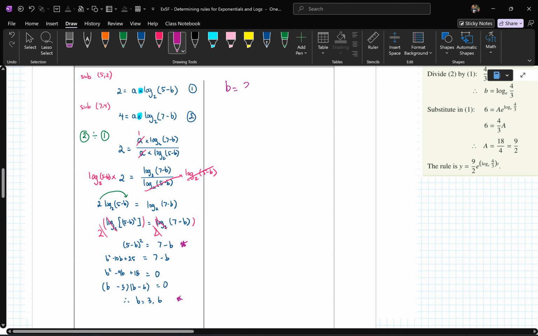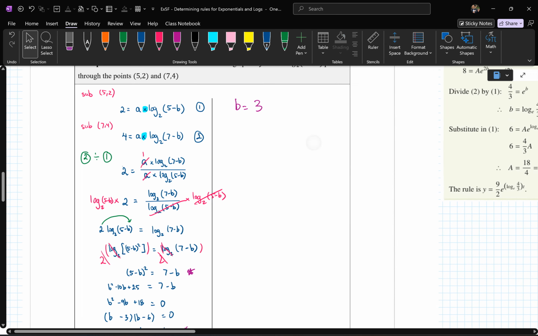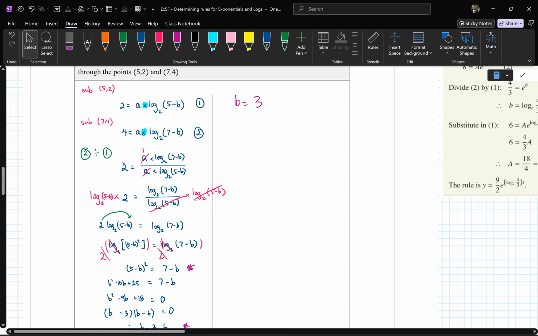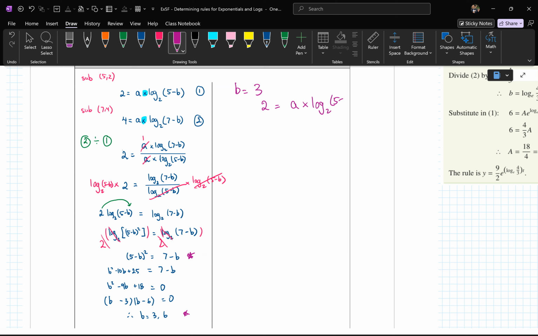If b was equal to 3, then I would have in equation 1, 2 equals a times log 2 of 5 minus 3. That's okay. 5 minus 3 is okay. So this is possible. You get a times log 2 of 2, which actually works out nicely.